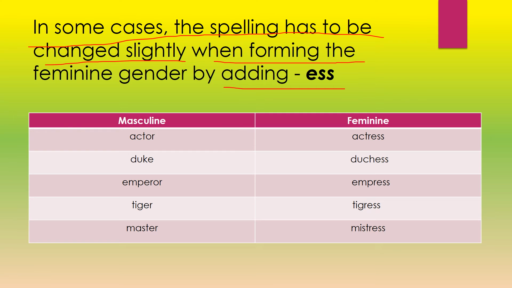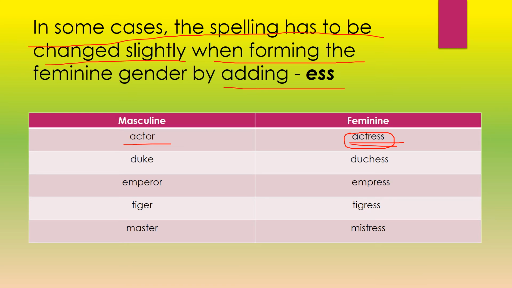So let us look into the examples. In the masculine gender, the first word that we have is actor. In the feminine gender, there is a little change in the spelling, that is actress, and you are just adding ess. So what is the spelling? A-C-T-R-E-S-S. This is the spelling.